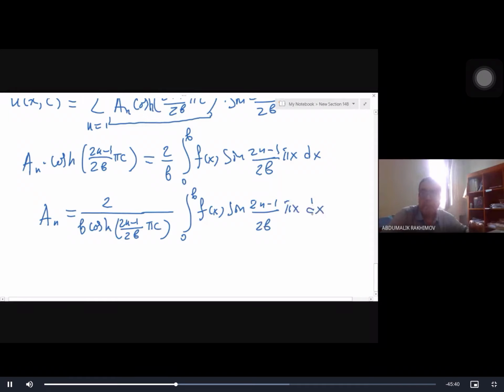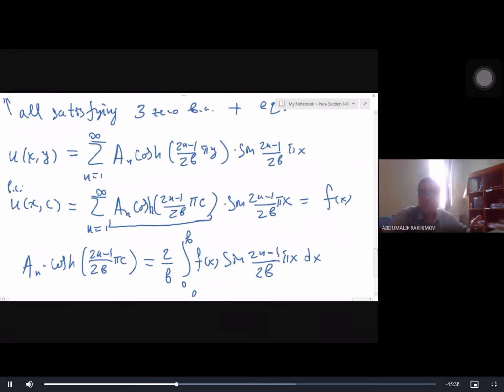So this is a formula for the a_n coefficients. Then you can substitute the coefficients here. This is the solution, and we have a formula for the coefficients. Any questions?